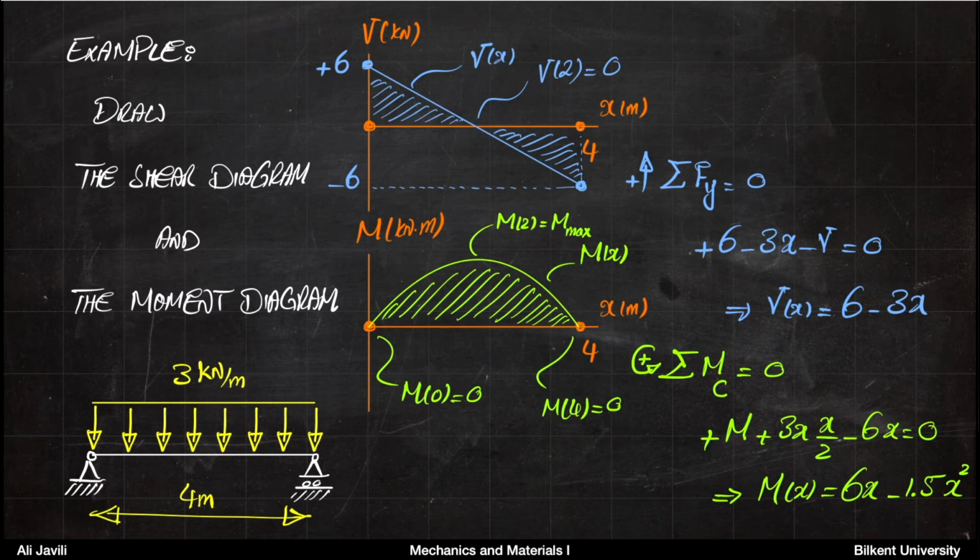So if you insert x equals 4, you get 24 here, minus 1.5 times 16, which is also 24. So it's going to be 0, which is no surprise, by the way, because we know the supports cannot carry moments. So these are simple supports. So basically you get a quadratic function that is 0 at 0 and 4, and its maximum is at 2.